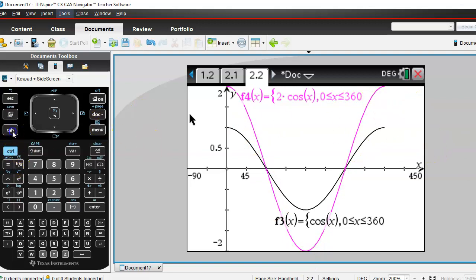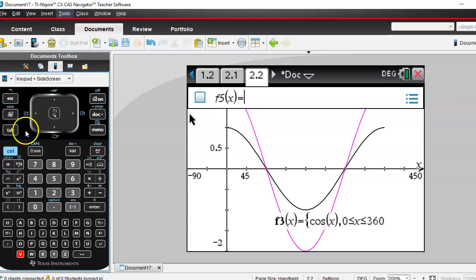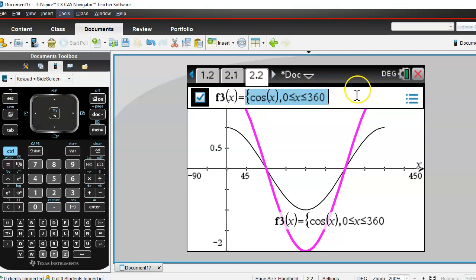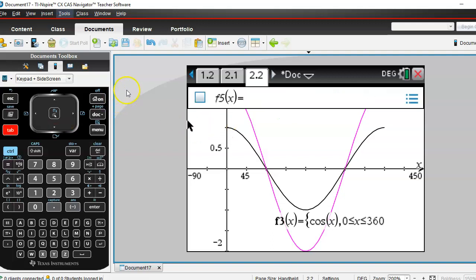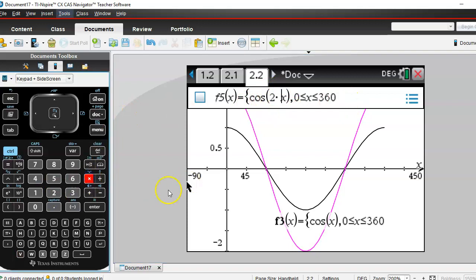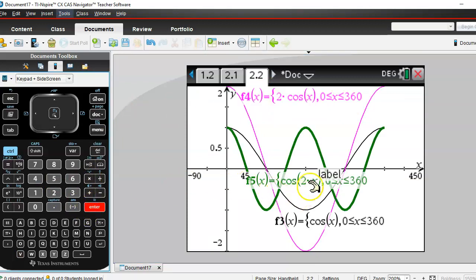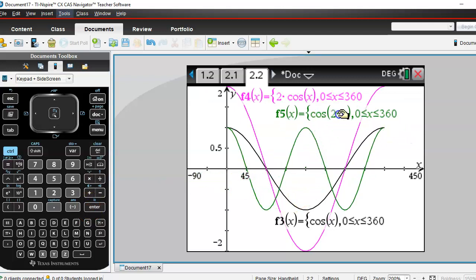Let's actually tab. Control copy. Tab, copy. And see what it looks like here. Yep. So you can see a few things going on there, and it's just restricted over that domain of 360 degrees. So there's a lot of things happening here.